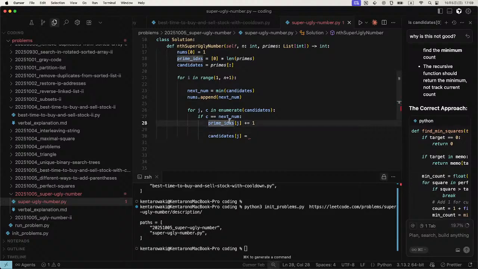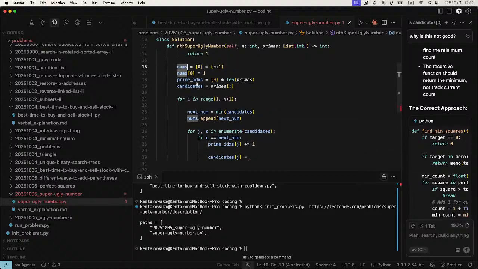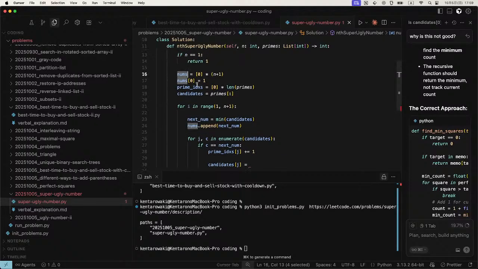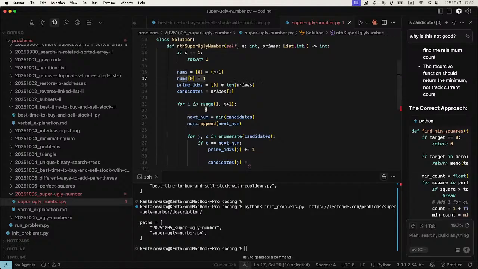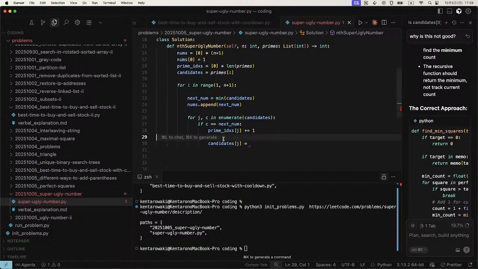The prime index points at a place in the super ugly numbers array, and we can multiply it with the prime.